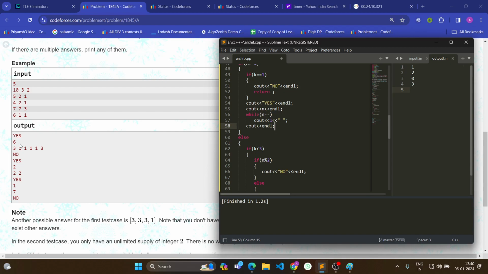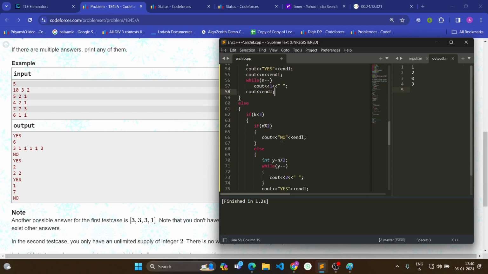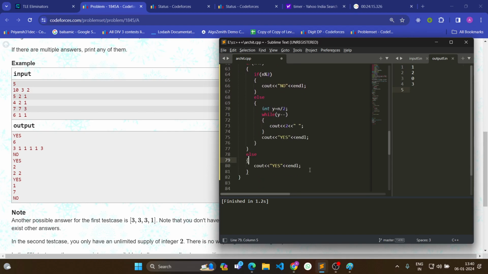Okay, so after printing yes, I print the number of operations, then I have to print this. Okay, now I have to print.